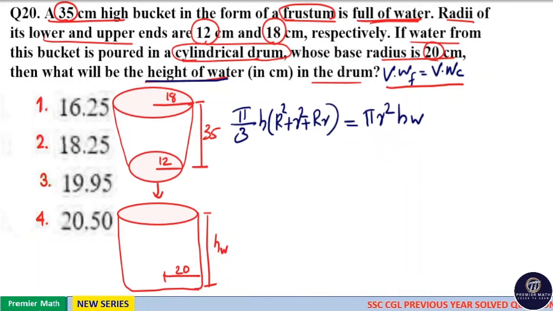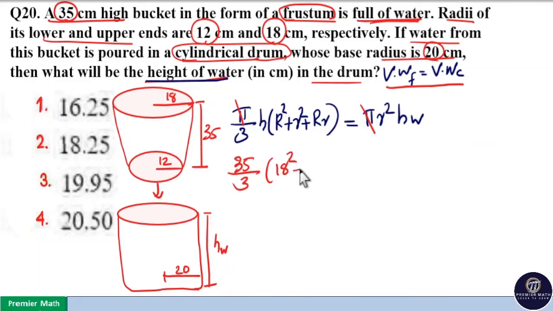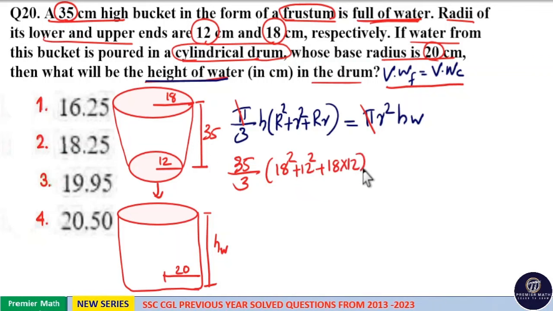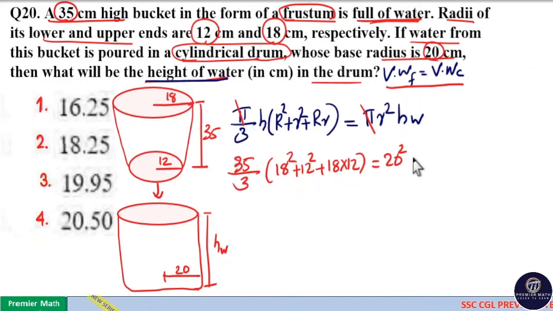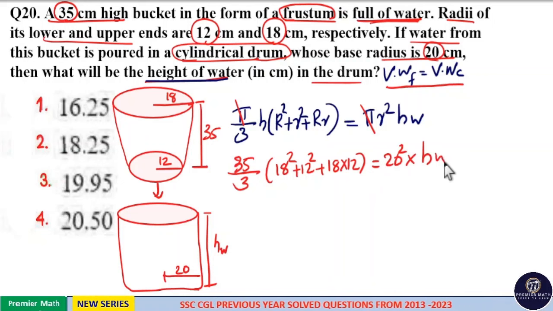Now, just calculate. Here pi and pi cancel. Remaining h is equal to 35. So, 35 by 3 into R square plus r square plus R into r, means 18 square plus 12 square plus 18 into 12, which is equal to, here r in case of cylinder is equal to 20 square. So, r square is 20 square into height of water.